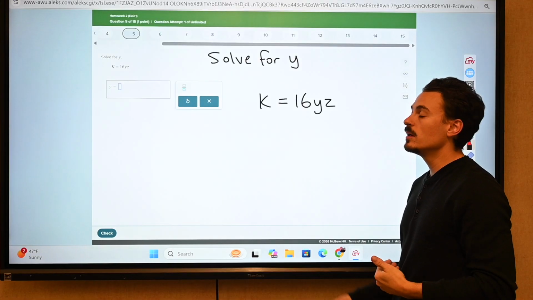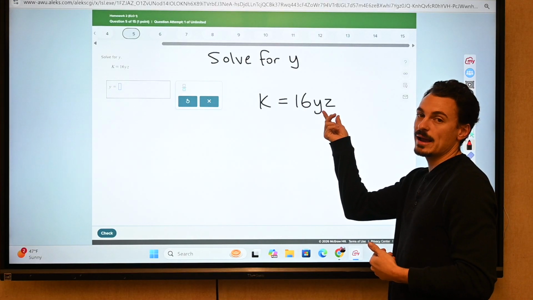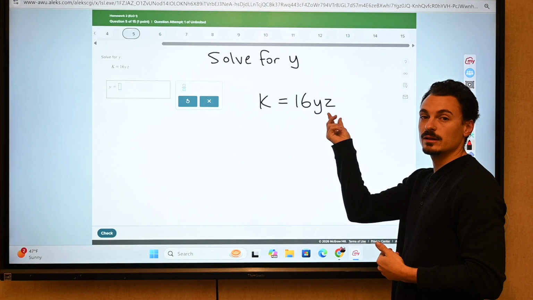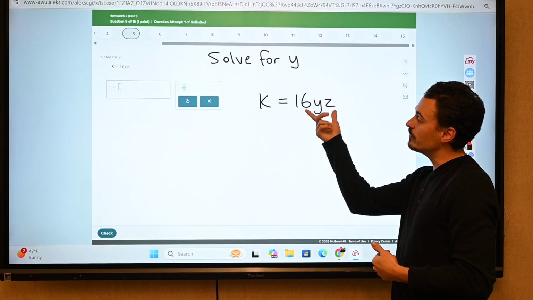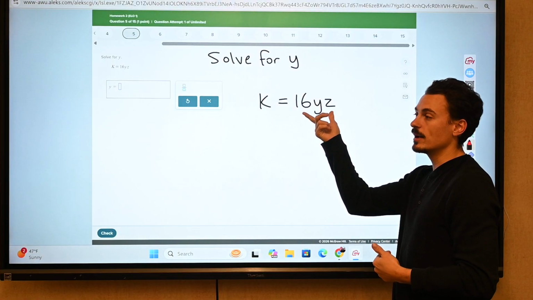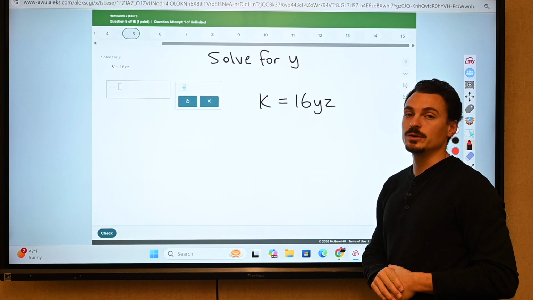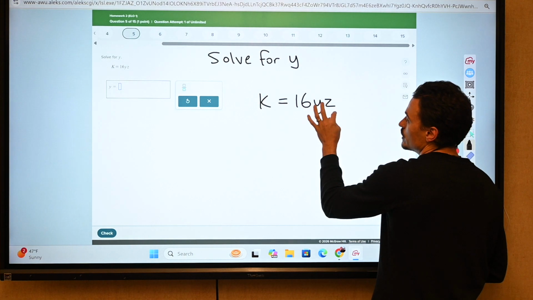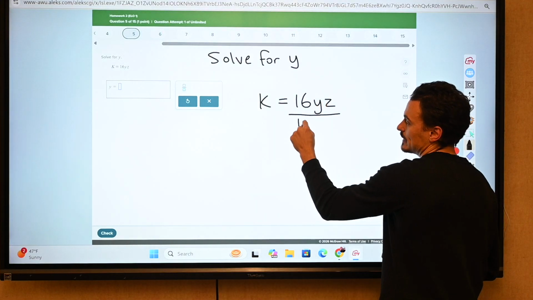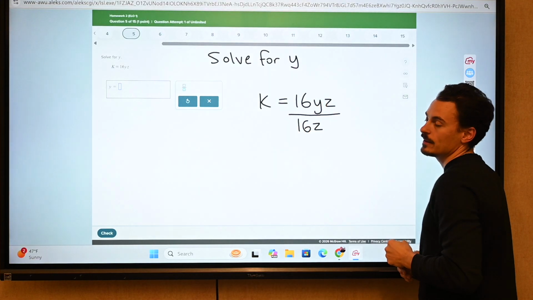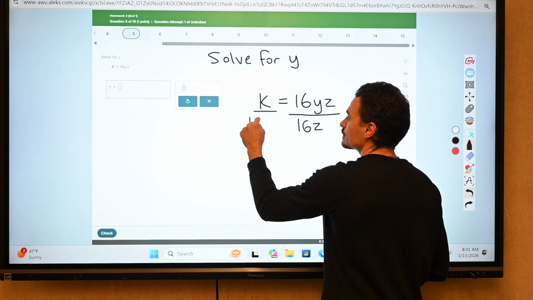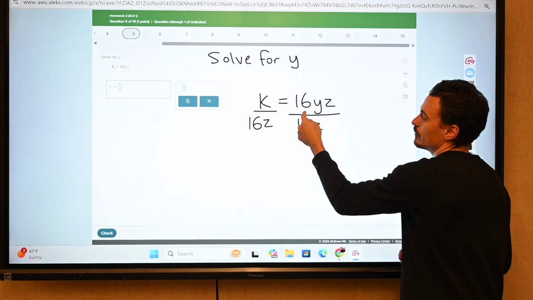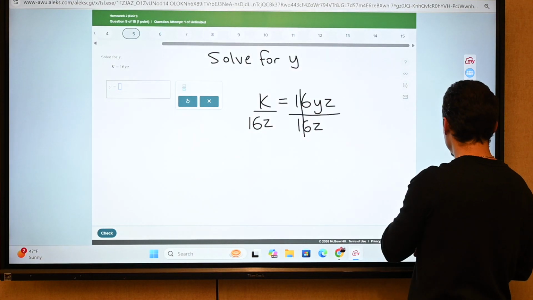And we know that when letters are right next to each other, and they're right next to a number, that means multiplication. So we should divide by 16z on both sides to get rid of the 16 and the z.